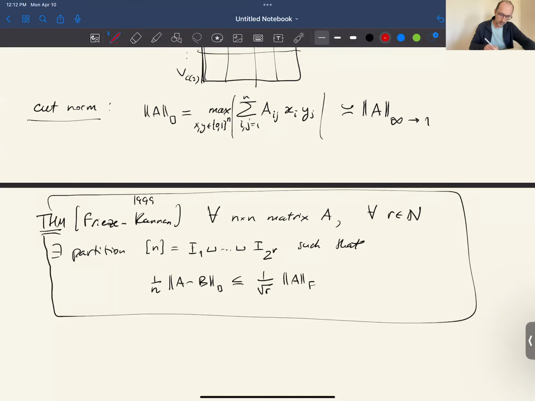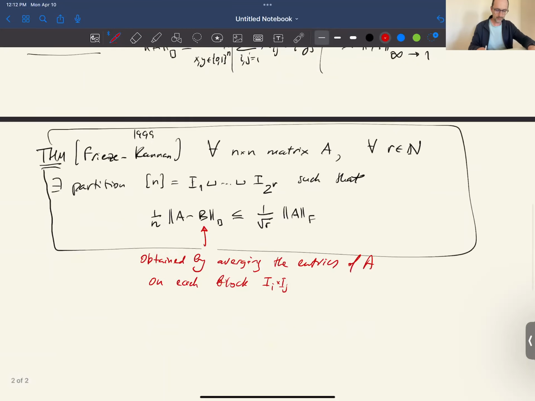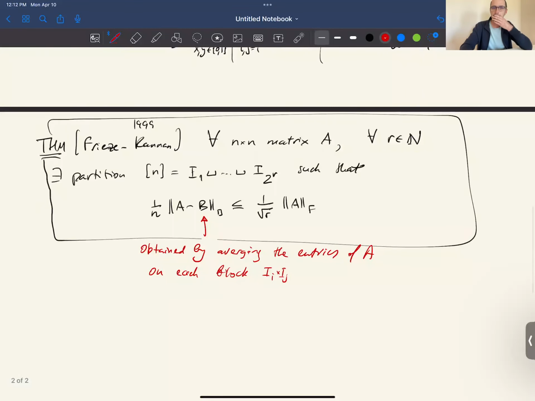What's the decomposition? So what's B? B is just a matrix obtained by averaging the entries of A on each block ij. What is the Frobenius norm?